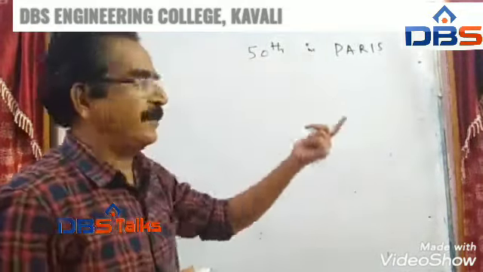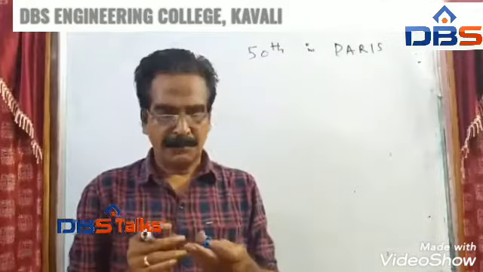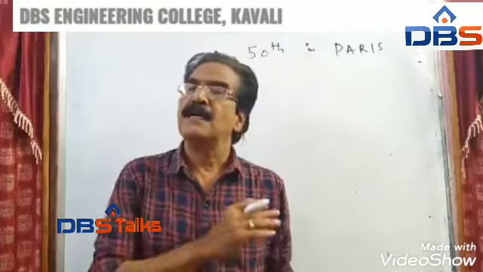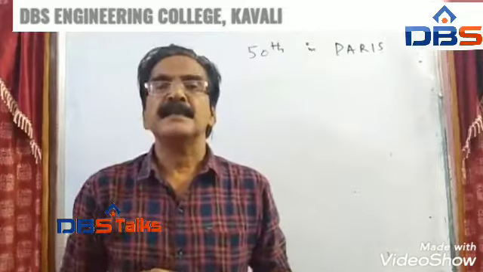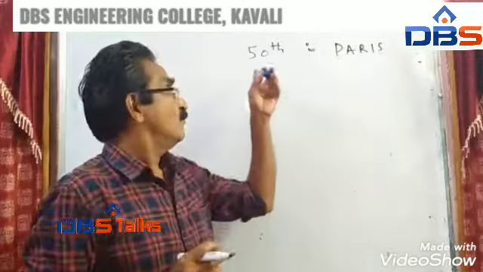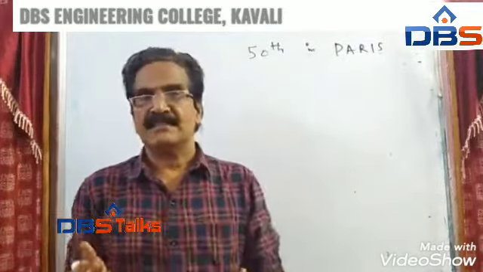If the letters of the word PARIS are permuted in all possible ways and arranged in dictionary order, what will be the 50th word?